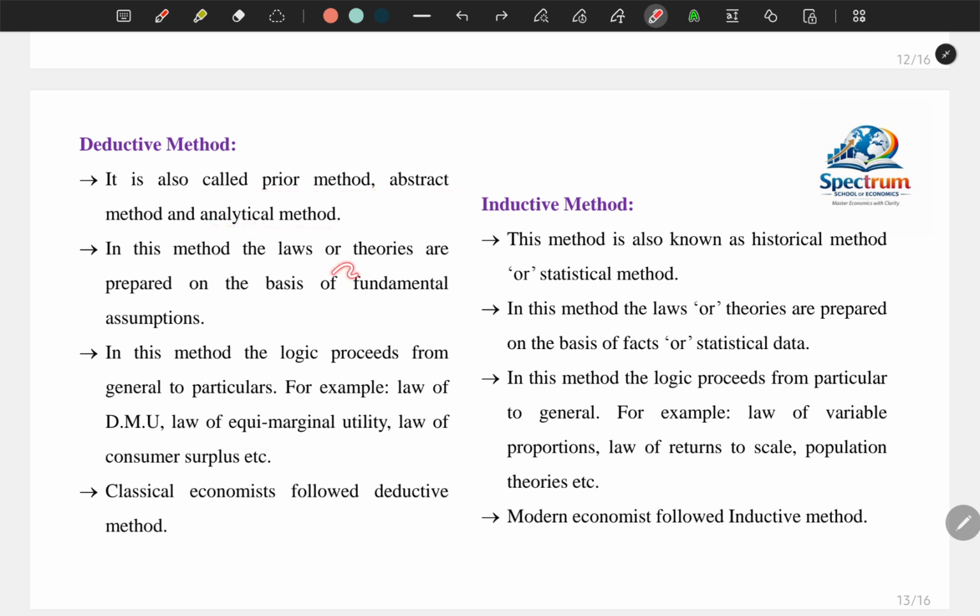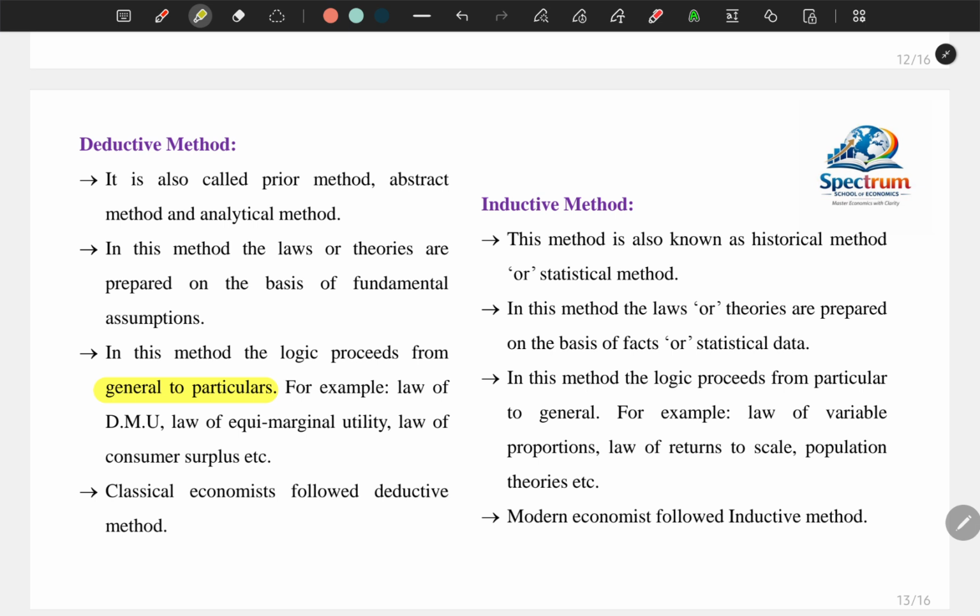In this method, the laws or theories are prepared on the basis of fundamental assumptions. So, as a deductive method, economic theories consider some fundamental assumptions. In this method, the logic proceeds from general to particular.